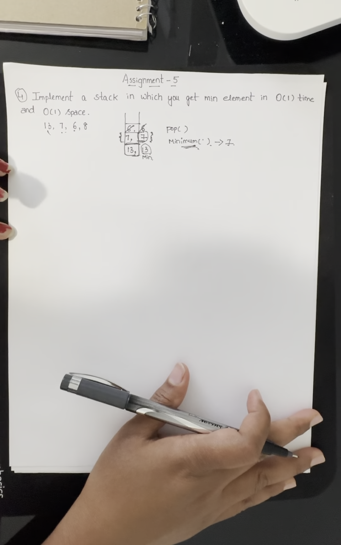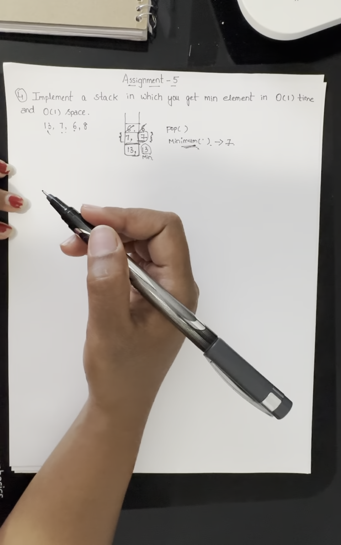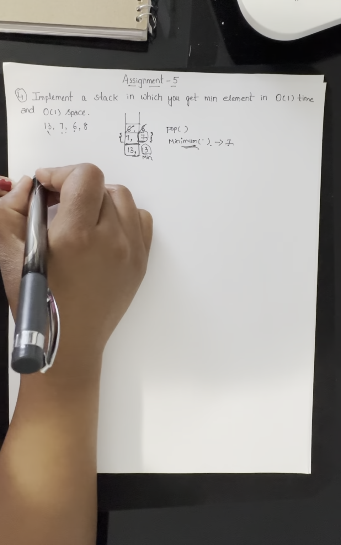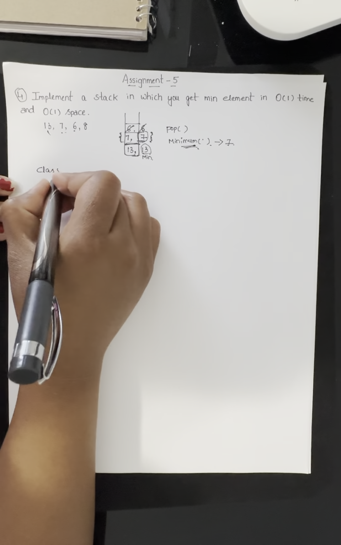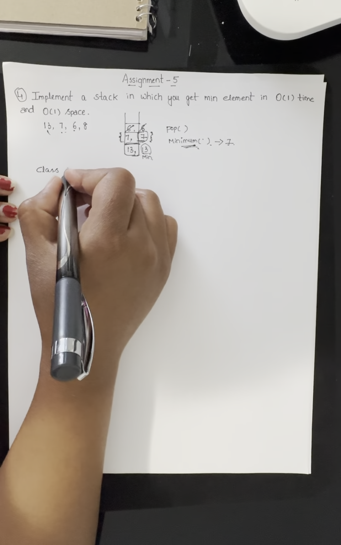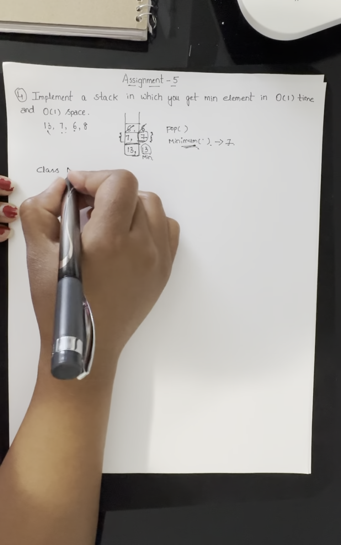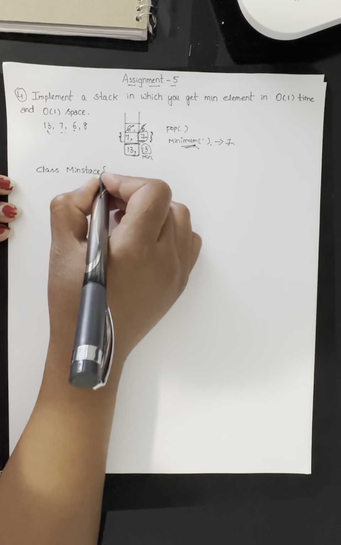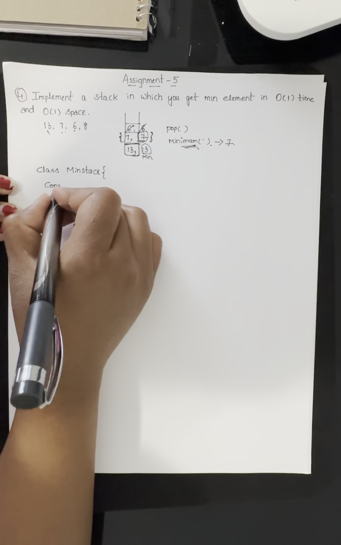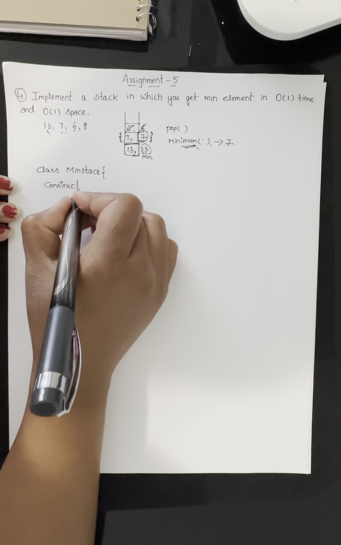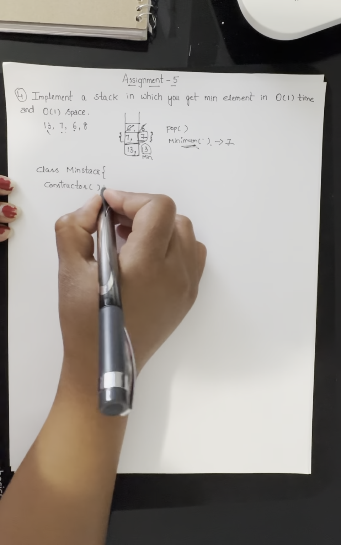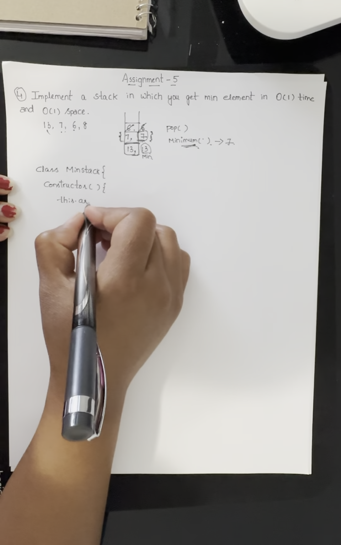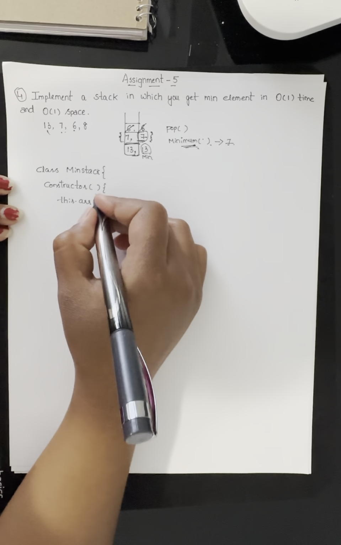So then let's implement this. So class MinStack, and in the constructor I'm declaring an array to store the elements that are pushed to the stack.